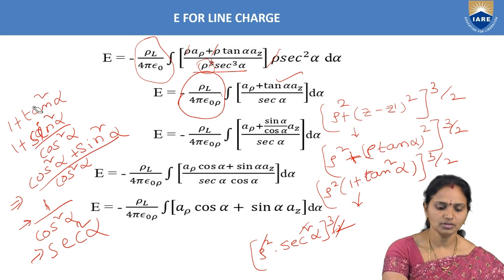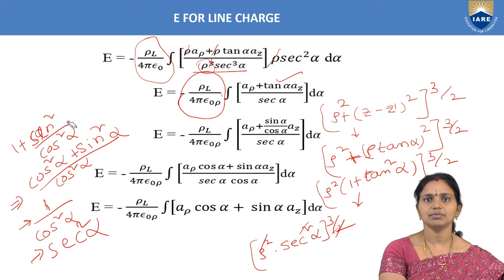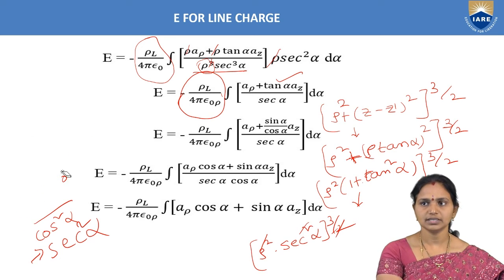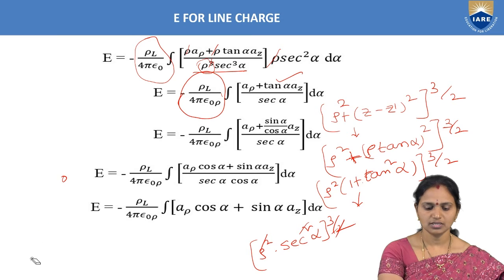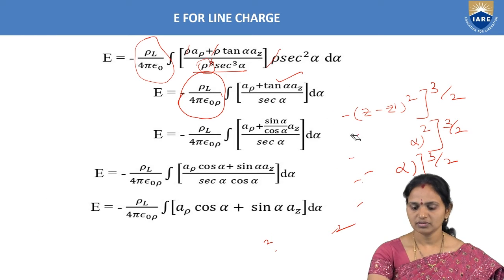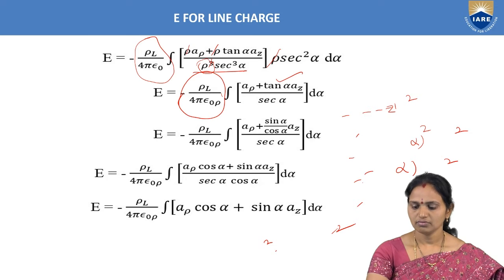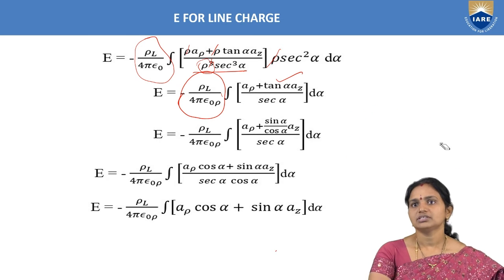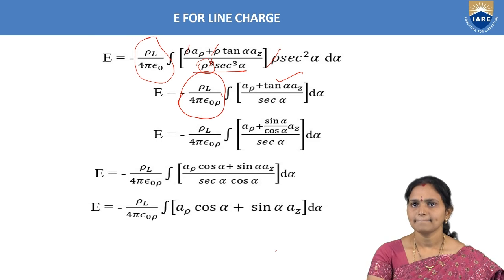So we must derive the integral limits in terms of alpha, as we know the limits in terms of za and zb.